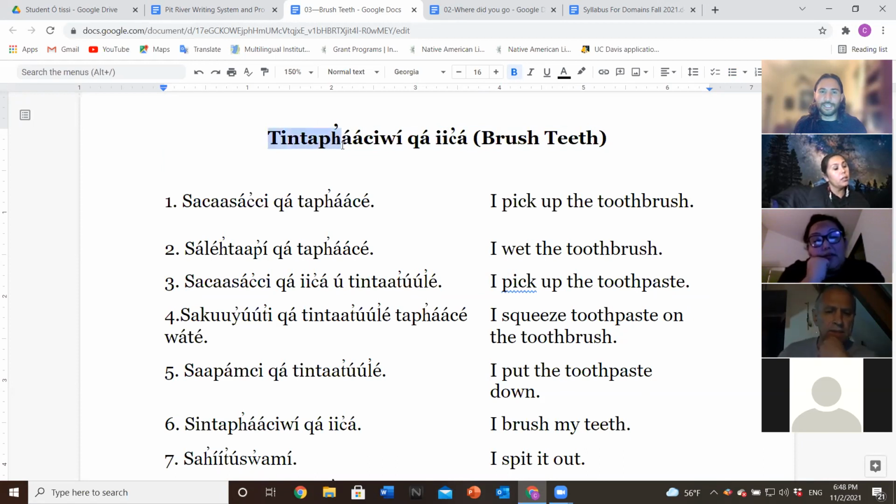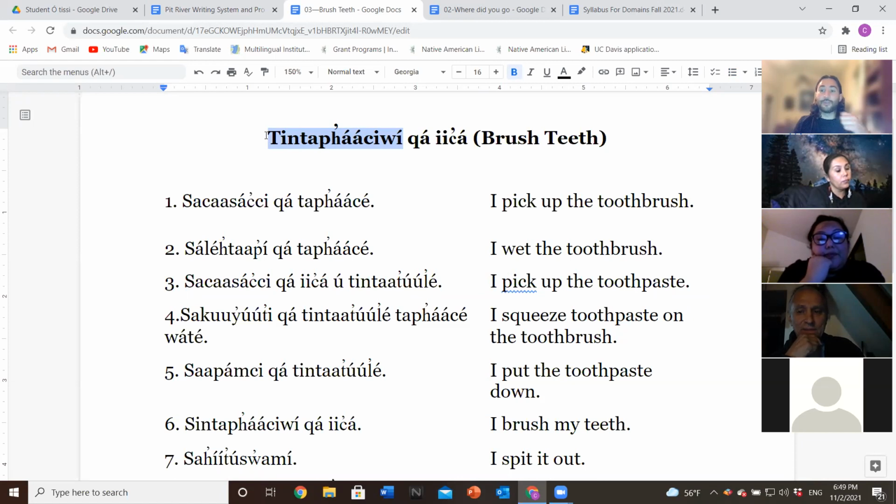And this is basically brushing around with some sort of instrument or tool. That's why it's a long word, because it doesn't just mean brush.